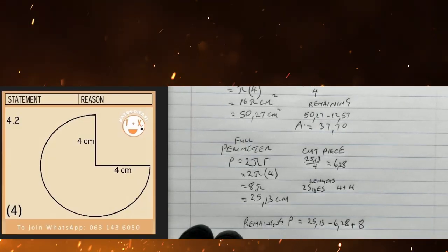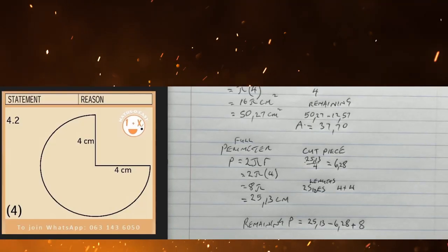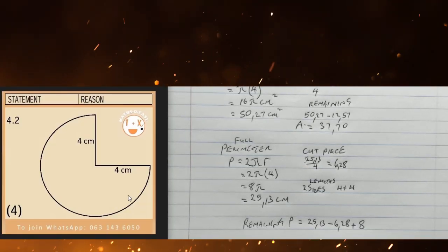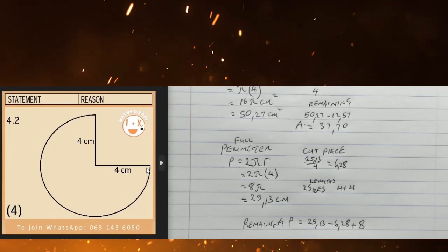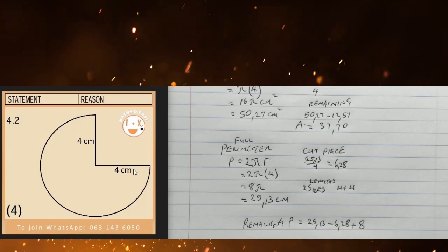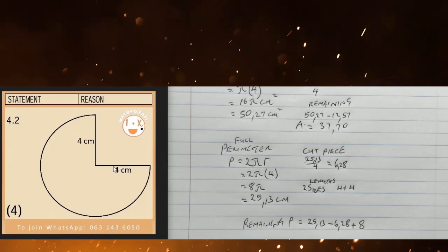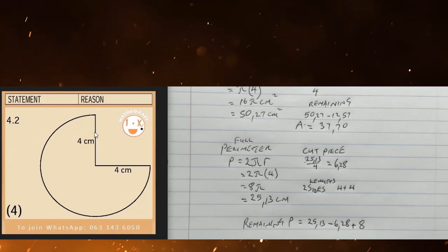Because if I were to walk on this thing, if these lines were not there, I would end at this corner. But because the lines are there, I must walk here and I must also walk there.